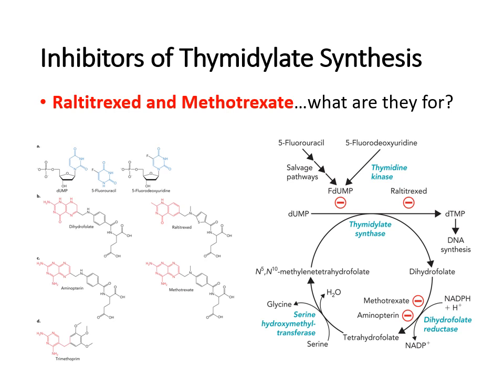So raltitrexed and methotrexate, those are both potent anti-cancer medications. So circle, star, highlight that they are potent anti-cancer medications. And because they are inhibiting thymidylate synthase, they are going to inhibit that dTMP synthesis or TTP synthesis, and that ends up blocking DNA replication in the rapidly dividing cancer cells.